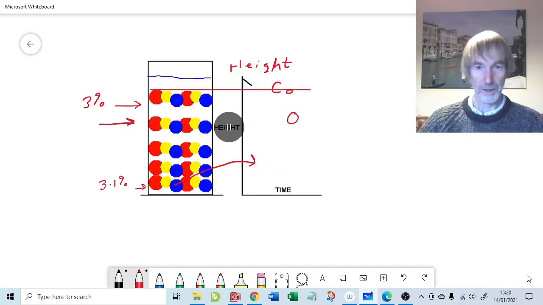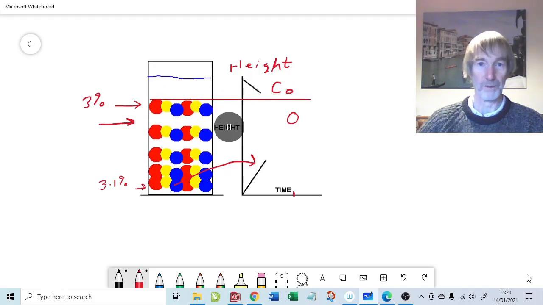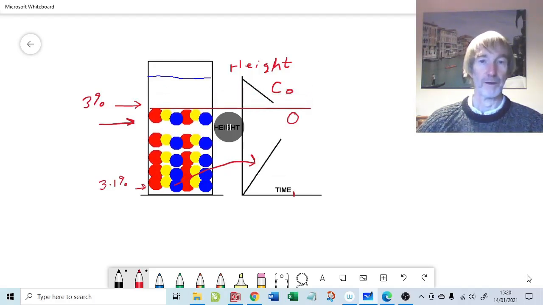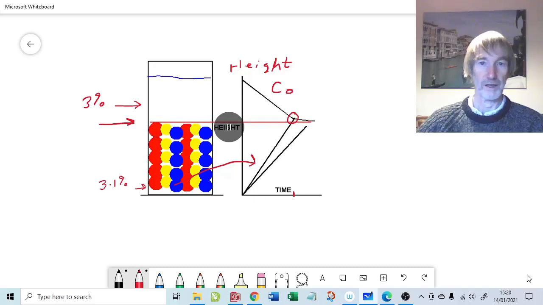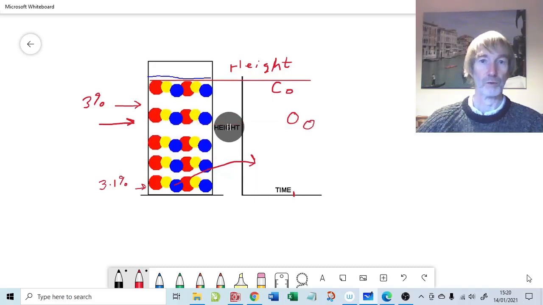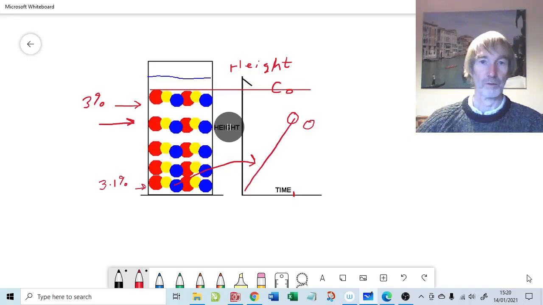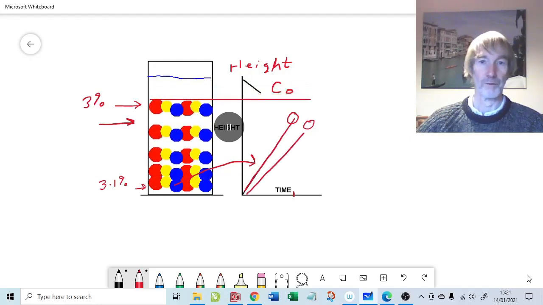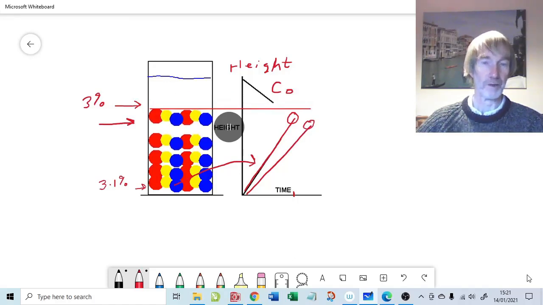But it doesn't stop there, because as time goes on, that's the time when we've got 3.1% at the interface, but as time goes on, it's replaced by another concentration at the interface, and then another, and then another. Hence you get this whole collection of what's called characteristics, which go from the base to the settling interface, and of increasing concentration.